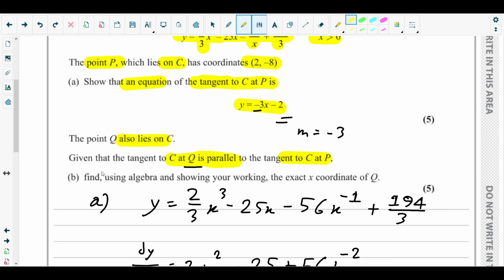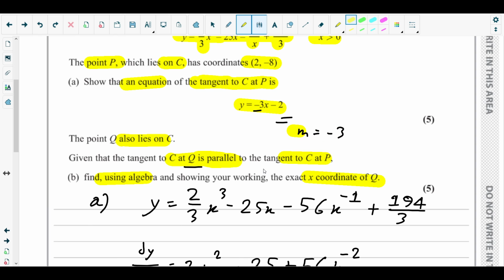Now the question asked in part B is to find, using algebra and showing your working, the exact x coordinate of Q. So for finding the x coordinate of point Q, we need the equation of the tangent to the curve C at Q, right? Since it is parallel, the gradient of that tangent would also be negative 3.